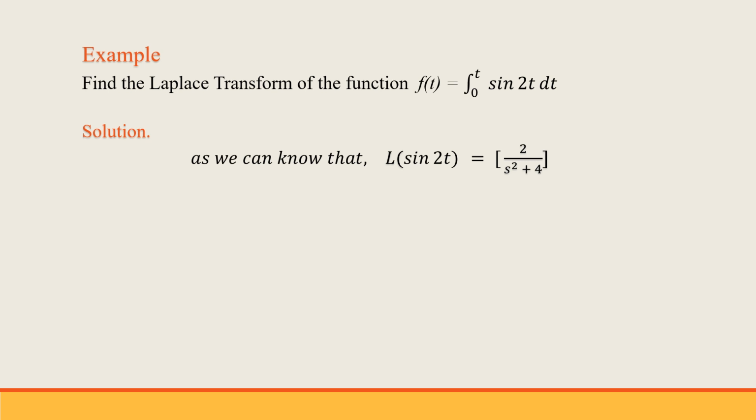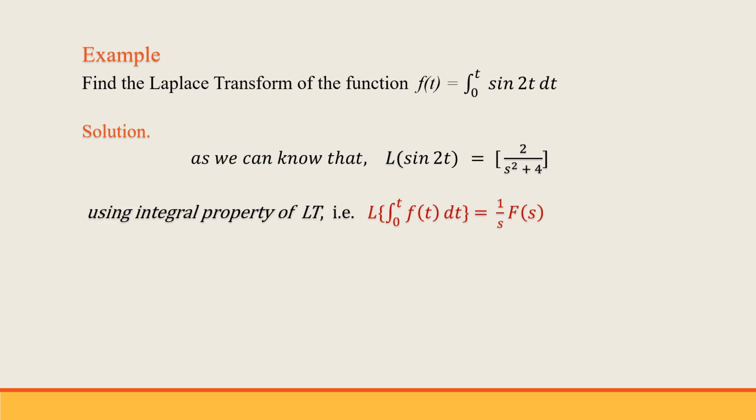As we know that the Laplace transform of sine 2t is equal to 2 by s square plus 4, and we have to find the Laplace transform of integral of sine 2t from 0 to t. So just apply the Laplace transform property of integrals. We can write Laplace transform of integral 0 to t sine 2t as 1 by s into 2 by s square plus 4. So you see how simple is this?